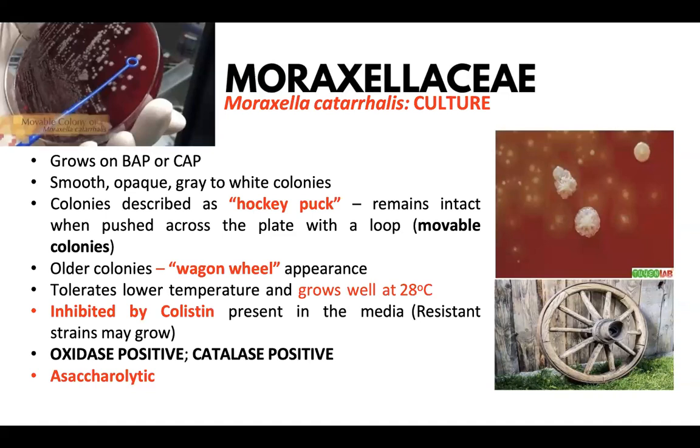That's for young colonies. However, older colonies tend to have the characteristic wagon wheel appearance. Kasi nag-collapse na yung kanyang, di ba kasi convex siya. So pag matanda na, mag-collapse yung kanyang center, so the wagon wheel appearance again is common pag old na yung ating colony.